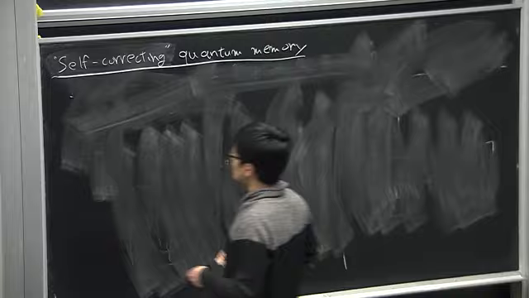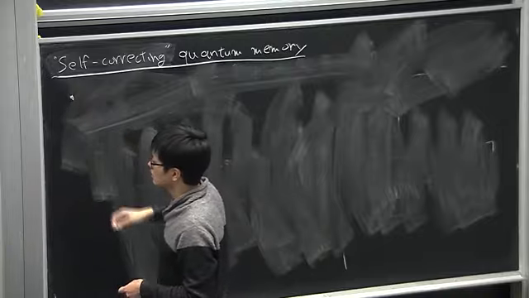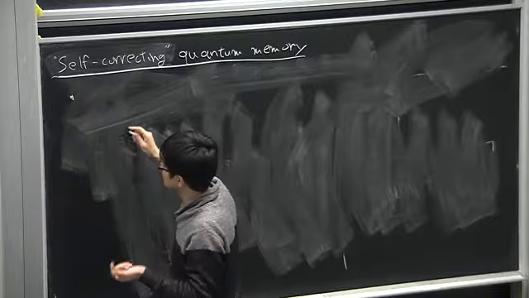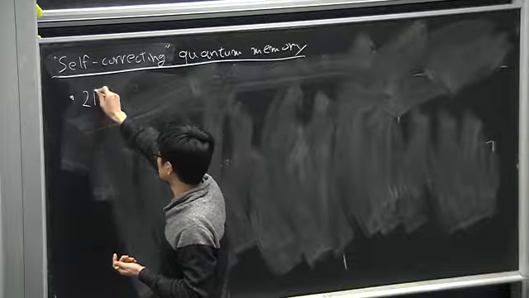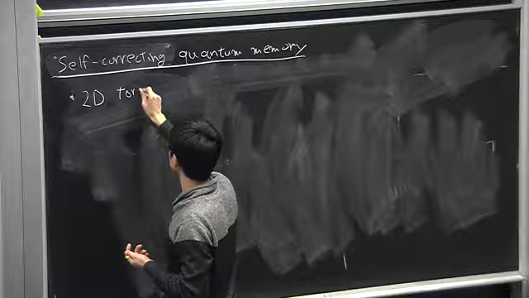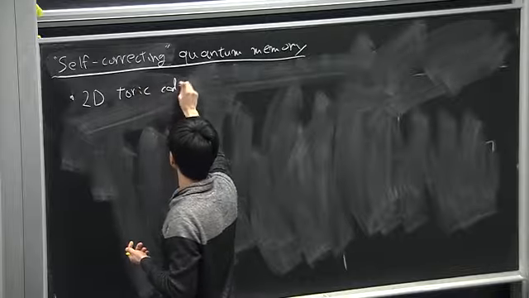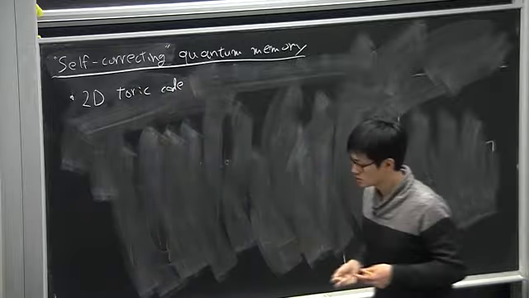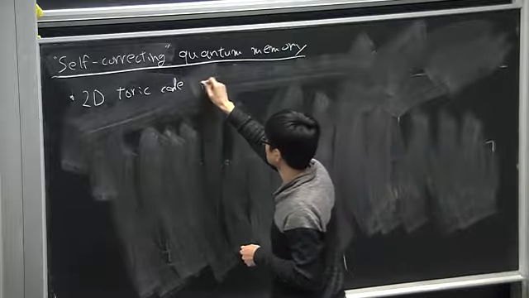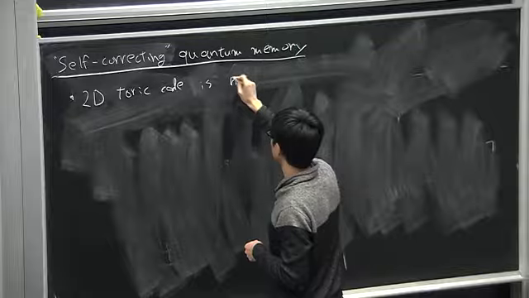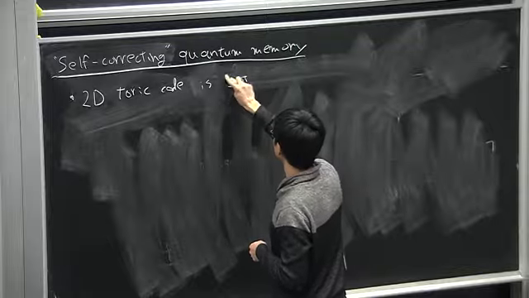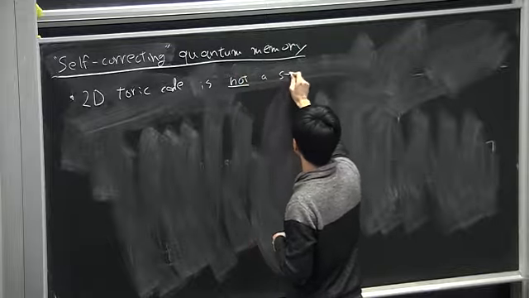Now, one good candidate of a good quantum error correcting code is, of course, the 2D toric code. But unfortunately, this 2D toric code is not a self-correcting memory.